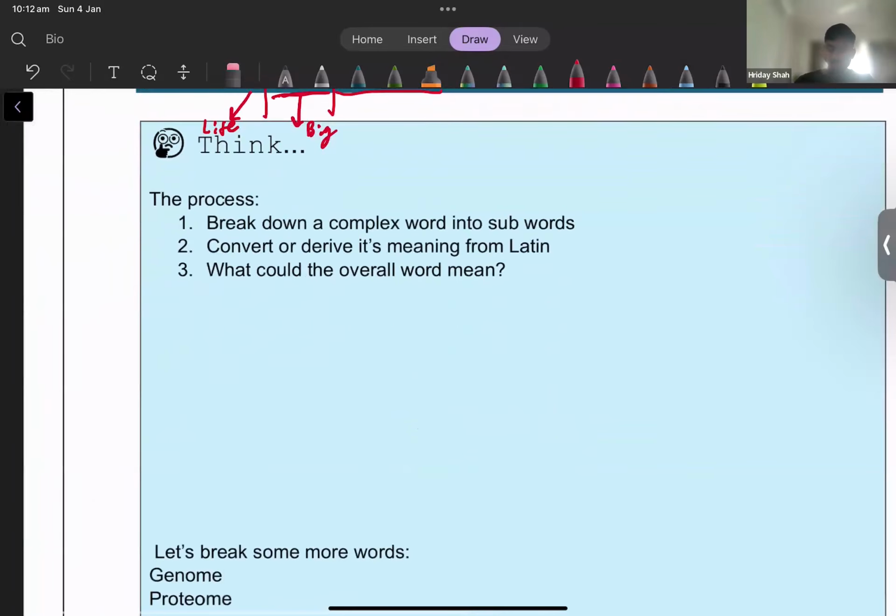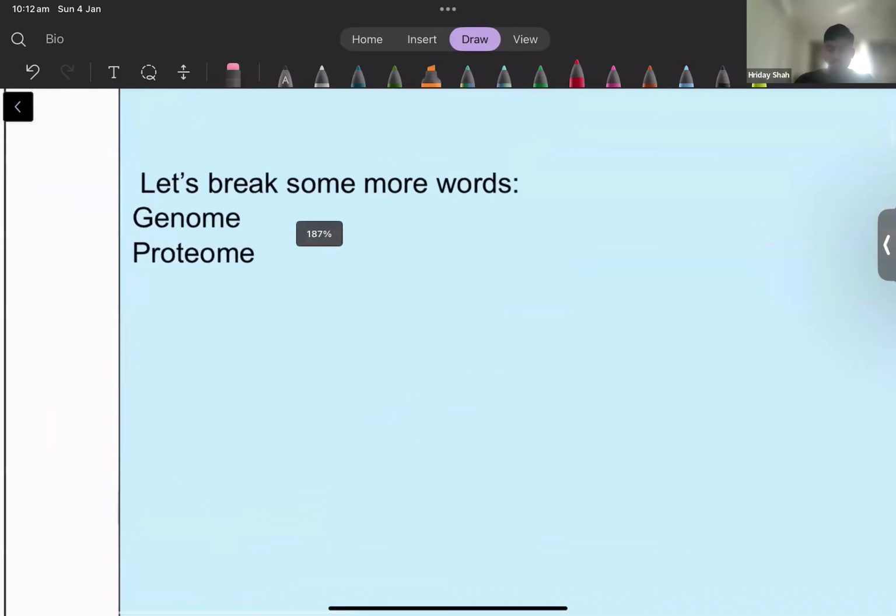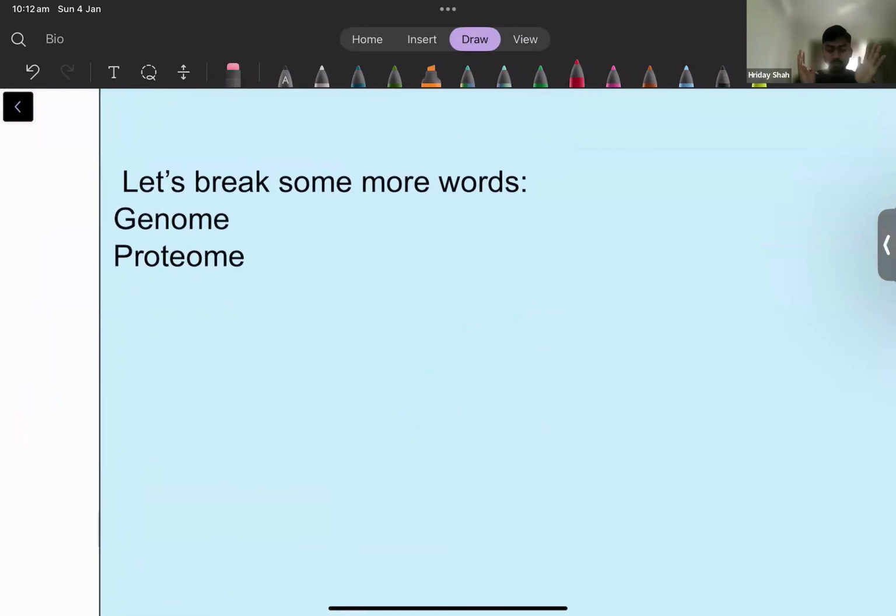In a similar way, can you guys try? I'll give you 1 minute. We have two words here, genome and proteome. Can we try and first do the first step, break it down into what words you can recognize?